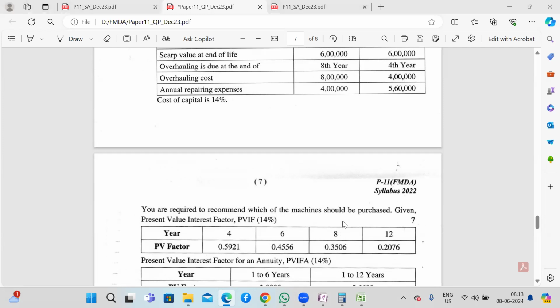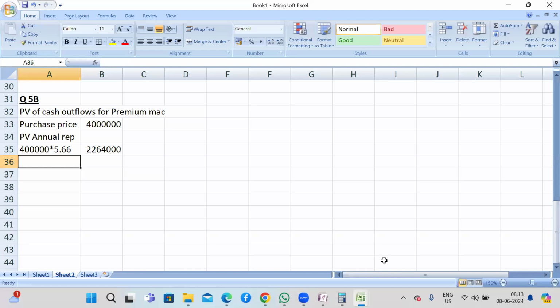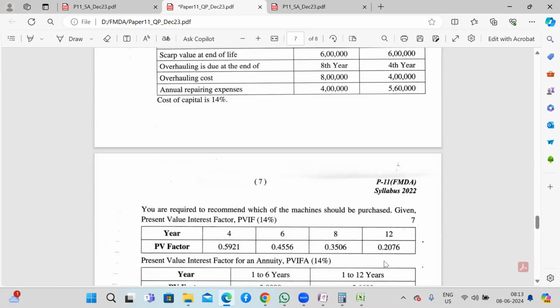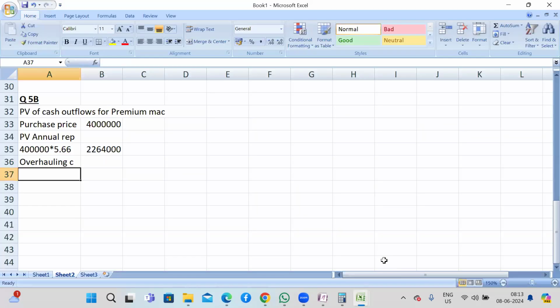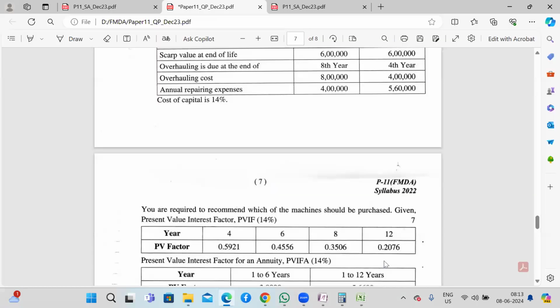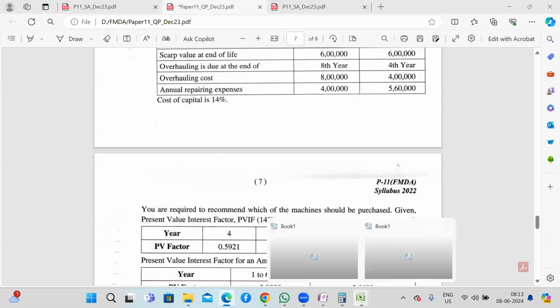So overhauling cost, 8 lakhs into 0.3506. So 2.8048 lakhs.